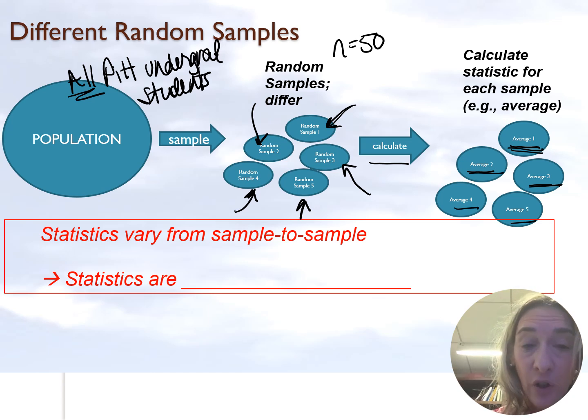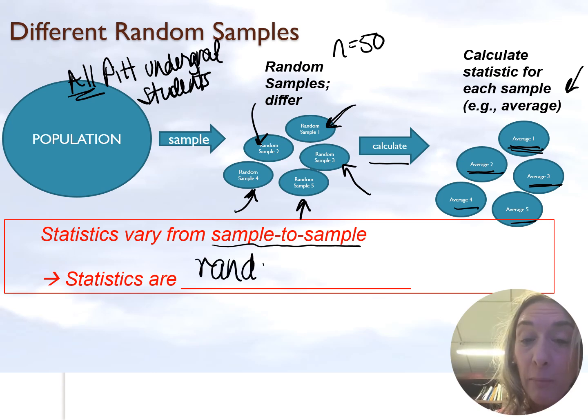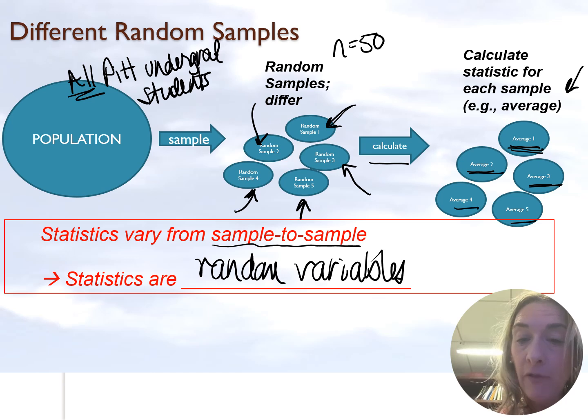So statistics are going to vary sample to sample with random samples. So what this says then is that statistics, such as a sample average, are actually random variables. Very important concept in inferential statistics. Very important to understand this slide.